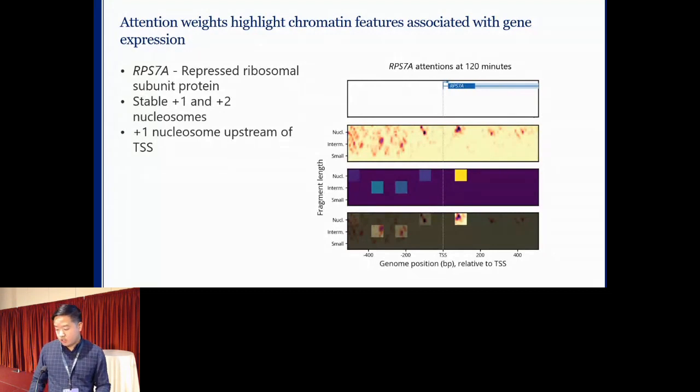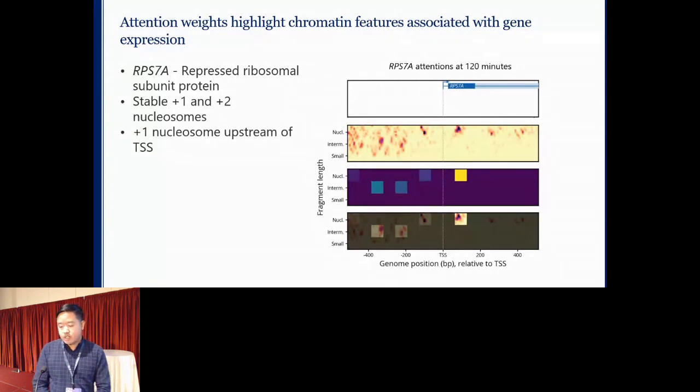And in the third row on the right panel, we see the attentions that the model decides are important for the prediction. In this case, it sees that the +2 nucleosome is the most salient feature in this prediction. And to a lesser extent, we'll see the +1 nucleosome upstream of the transcription start site, and there are 2 important bound factors in the promoter region.